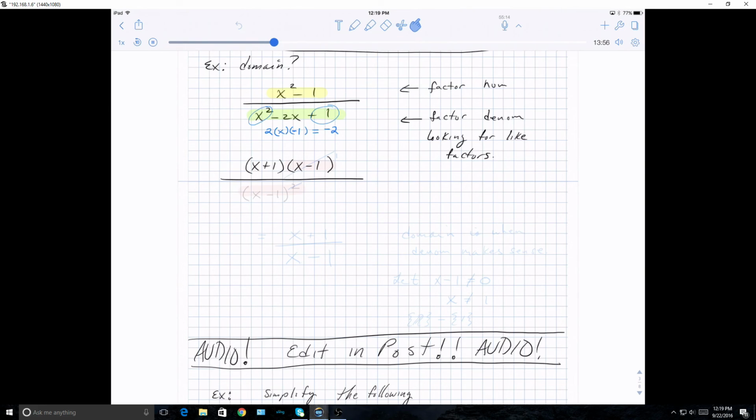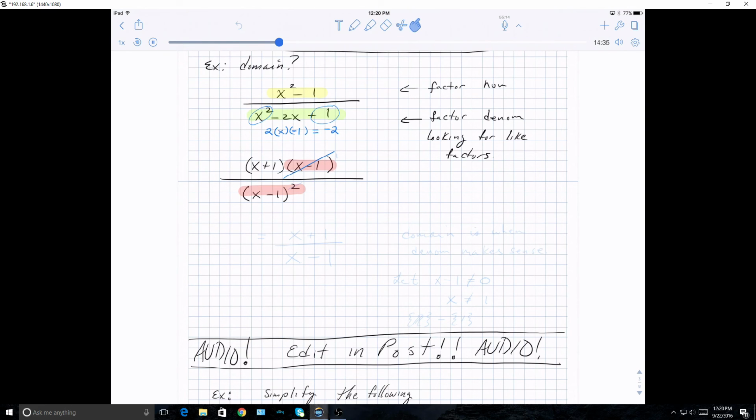So if we place this down now, this would be x minus 1 all quantity squared. And you can see that this factor and this factor are exactly the same, except that there are 2 in the denominator and 1 in the numerator. That means we can simply cross out the like factors.